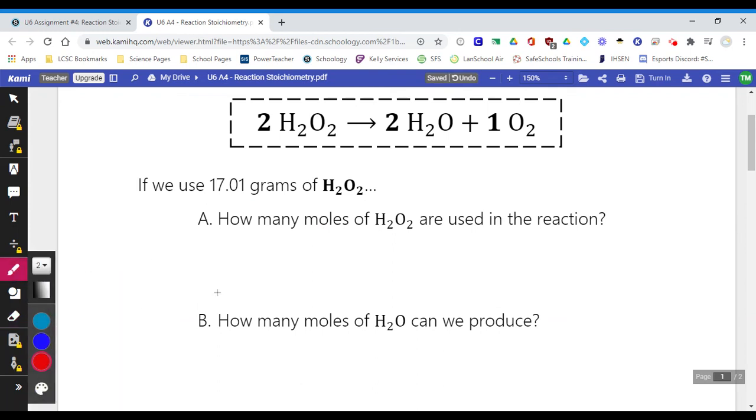Make my pen a little bigger. There we go. Okay, so I'm going to start with 17.01 grams of H2O2. Now I don't want grams of H2O2 anymore. I want to convert that into moles of H2O2. So I'm going to make a fraction bar. The unit I have to get rid of on the bottom is grams of H2O2.